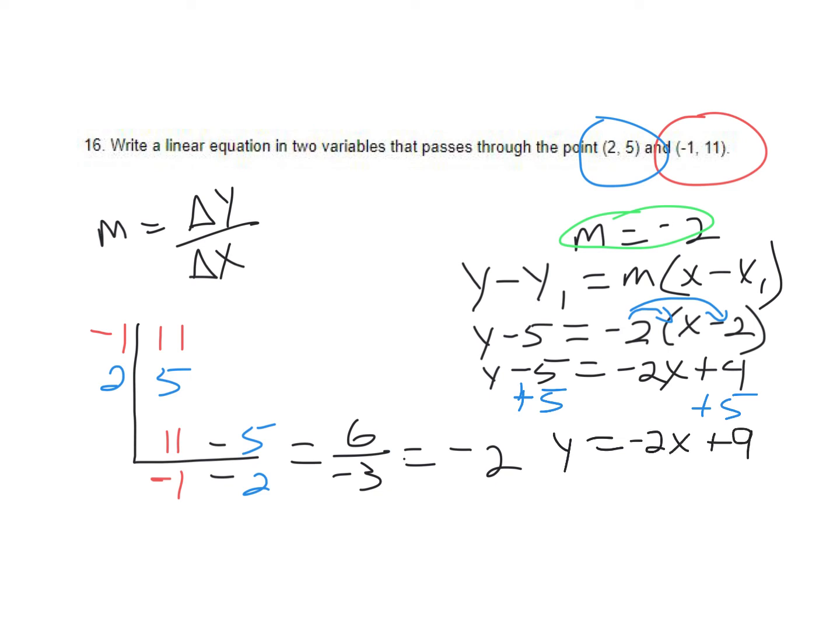So that's your answer there. Y equals negative 2x plus 9 if you're putting it in slope-intercept form. So remember, we have point slope form, which is this one, and then we also have slope-intercept form, which is this one.